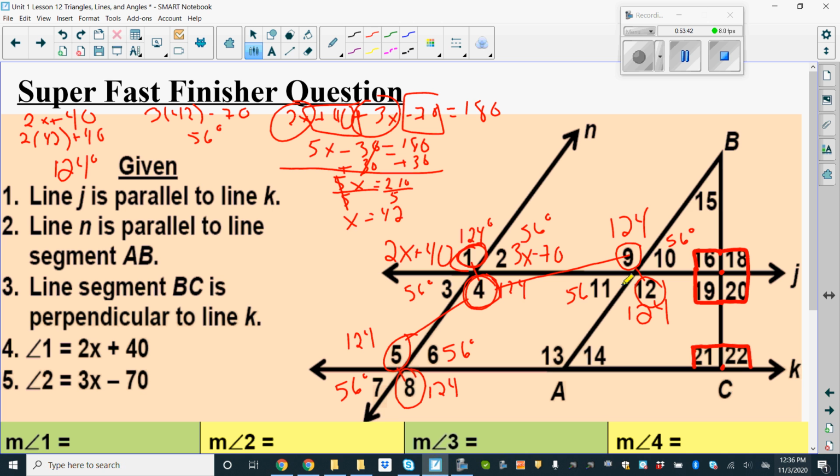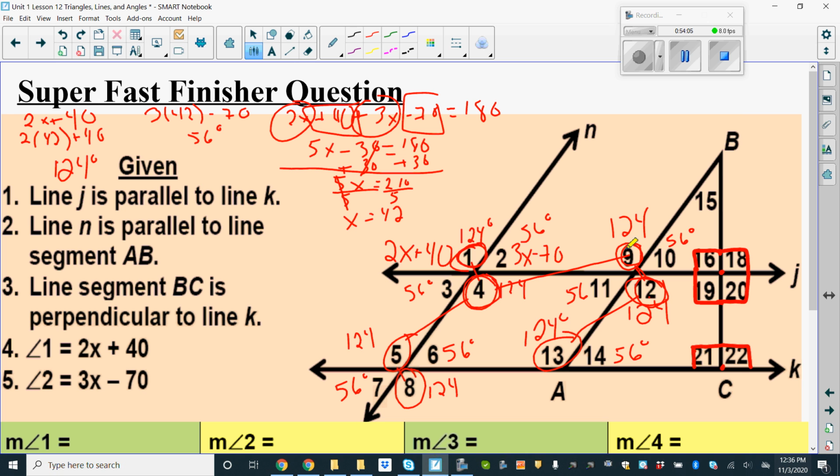But here, again, we have our parallel lines cut by a transversal. So now 9 and 12. If we circle this, crosses to 12, which will cross to 13. So 13 is also 124 degrees. 11 and 14 are across from each other. So 14 is 56 degrees.